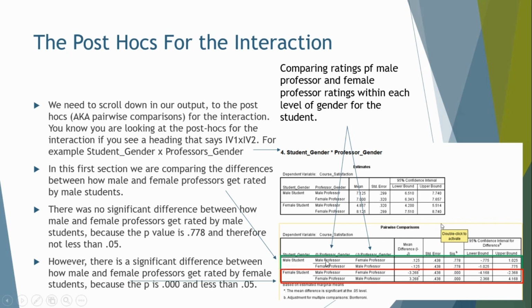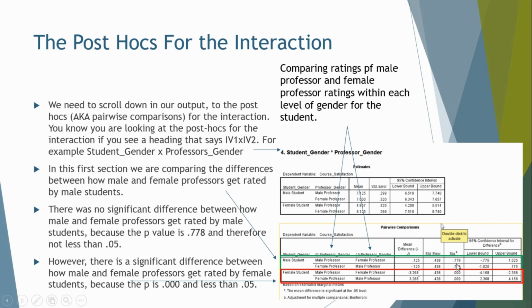So here we're looking at how male and female professors' courses are rated, that comparison, just for male students. If we pull over here, we do not have a significant difference. This p-value is not less than 0.05. We have a big chance of a type 1 error here.